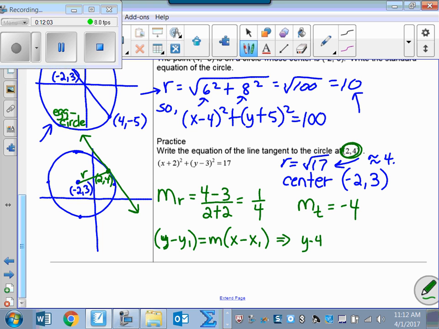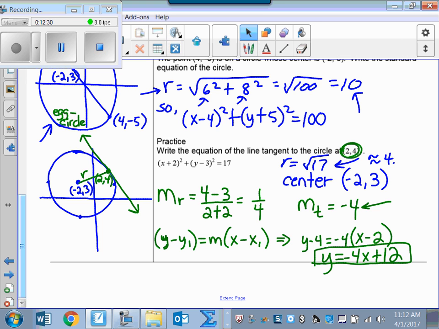So y minus 4 equals the slope, which is negative 4, times x minus 2. All right, let's solve that for y, and I get y equals negative 4x plus 8, and then I'll have to add the 4 on both sides, so plus 8 plus 4, that's going to be plus 12. So there's my equation of that line that's tangent to that circle at the point 2, 4.